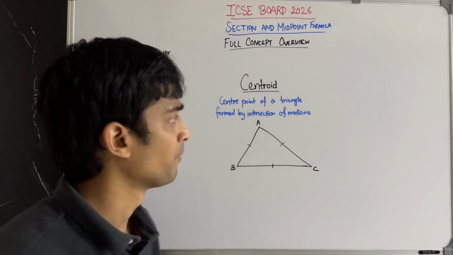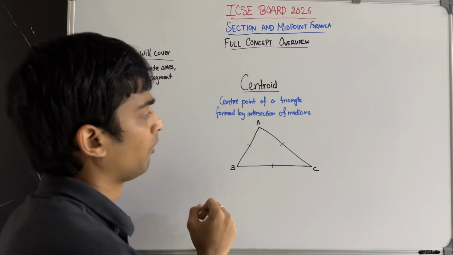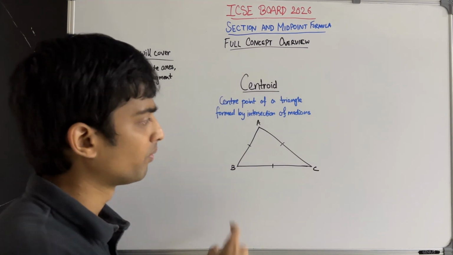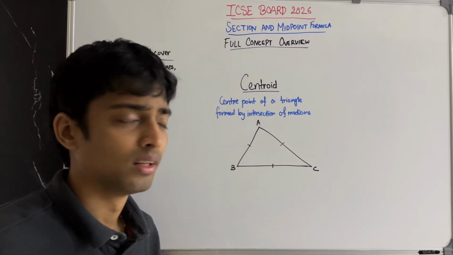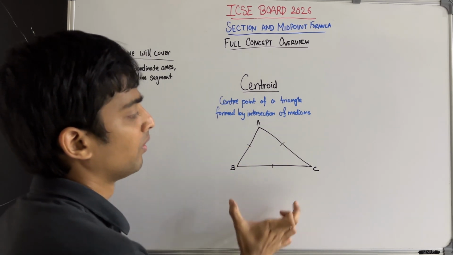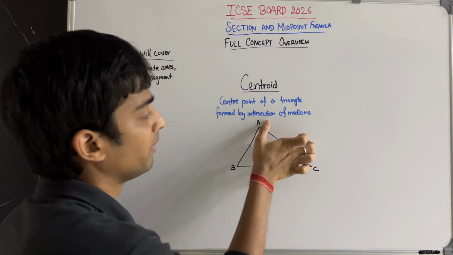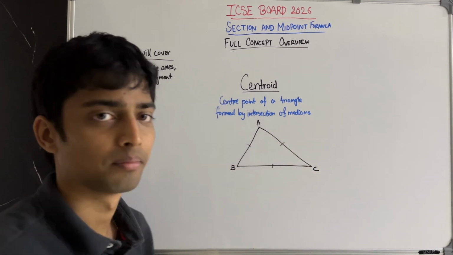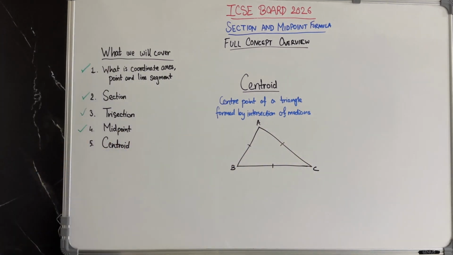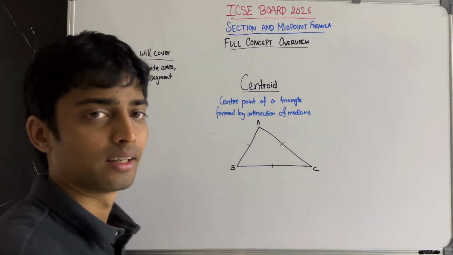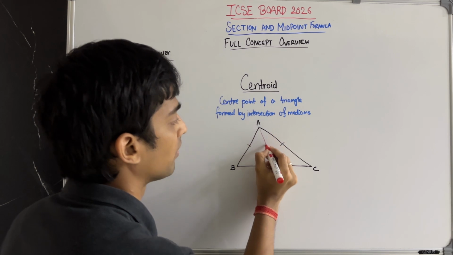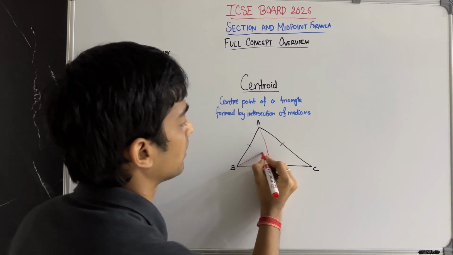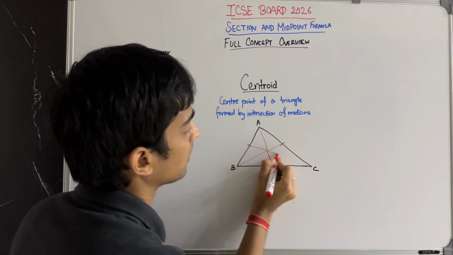A centroid is a point of a triangle formed by the intersection of the medians of all three sides. What is a median? So first, to find a median, on each side of the triangle we have plotted the midpoint. Now, if we connect each point to the vertex, let's say this is one, this is another, this is another.